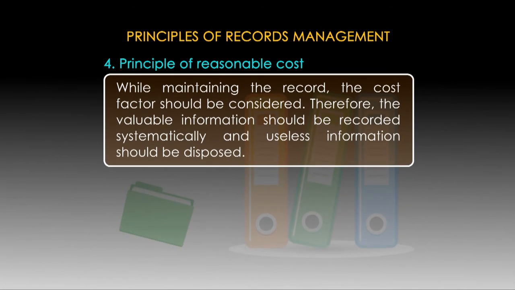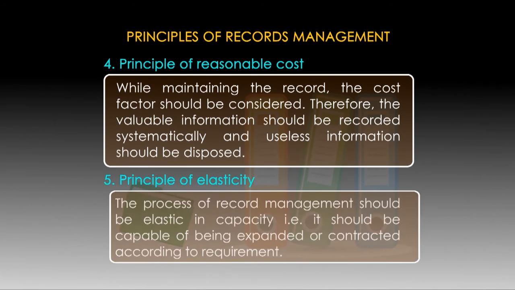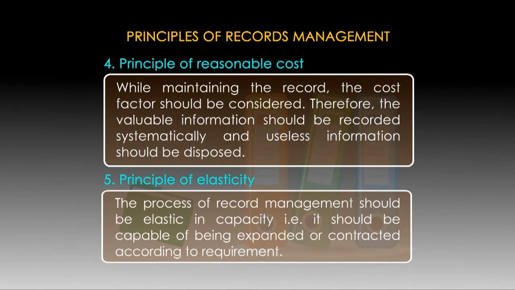Therefore, the valuable information should be recorded systematically and useless information should be disposed. Number 5, principle of elasticity. The process of record management should be elastic in capacity. That is, it should be capable of being expanded or contracted according to requirement.